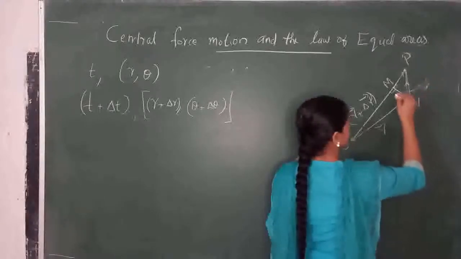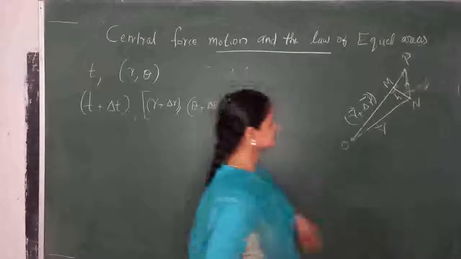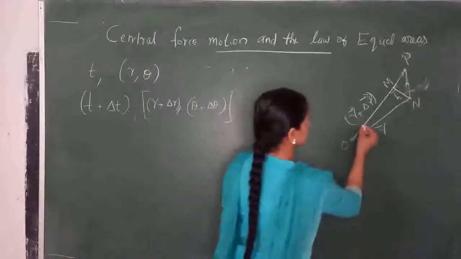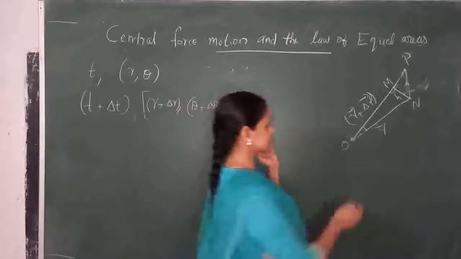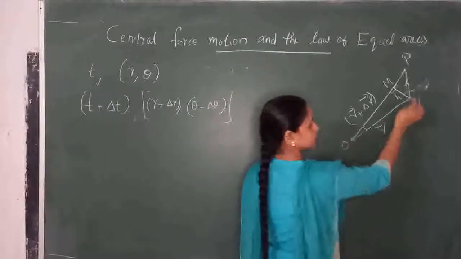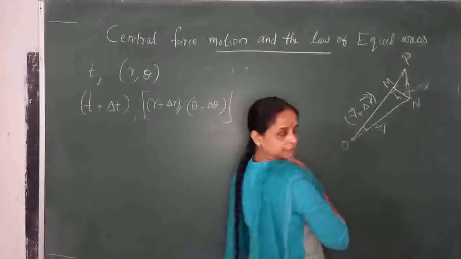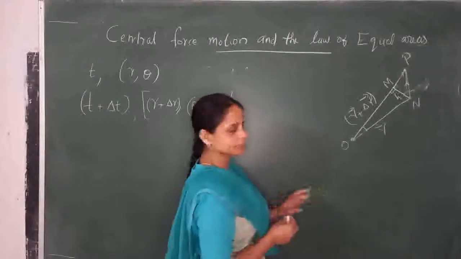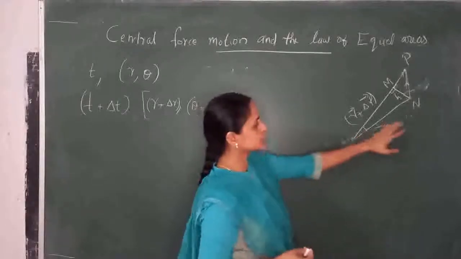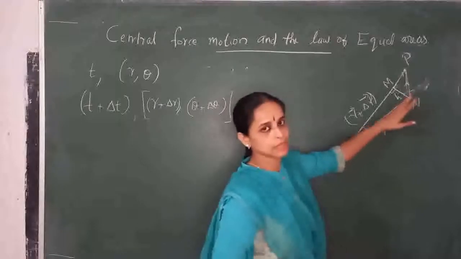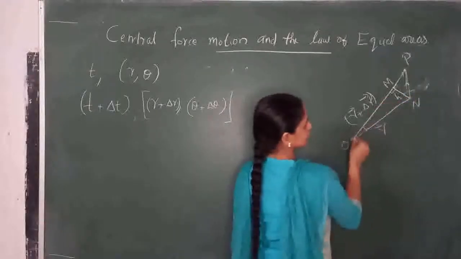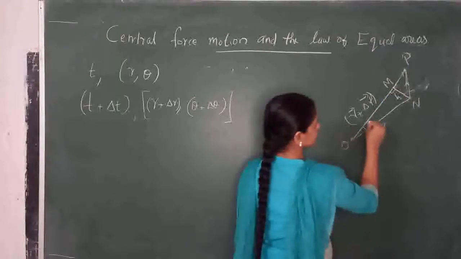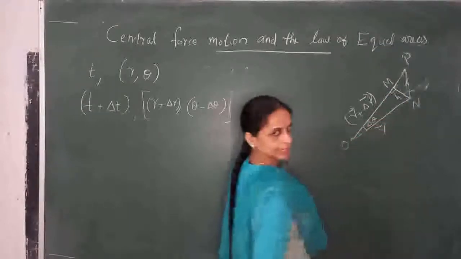This is a small angle, delta theta, since the position of this particle is at theta from the origin or from the reference point. The angle of this radius vector is theta, and this position is at theta plus delta theta. So we can say that this is the delta theta angle here.